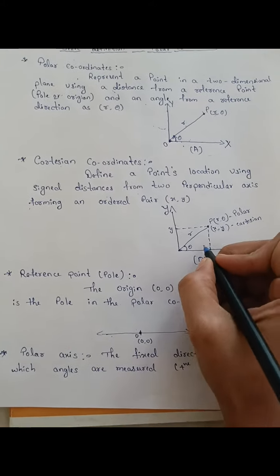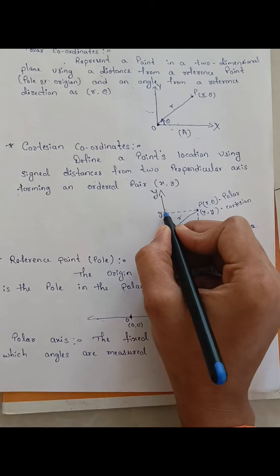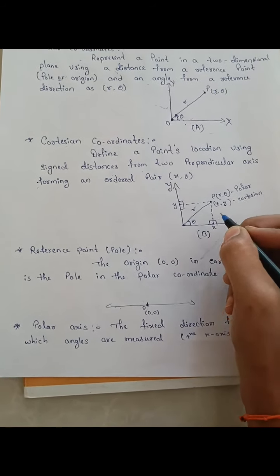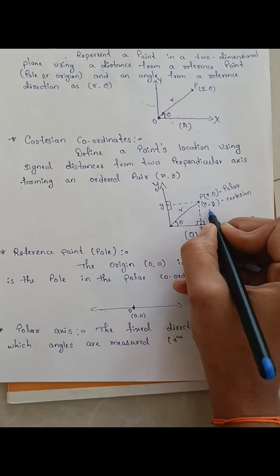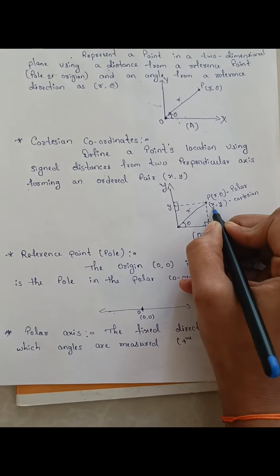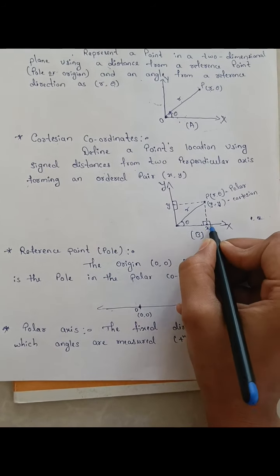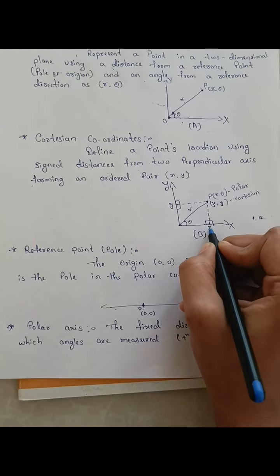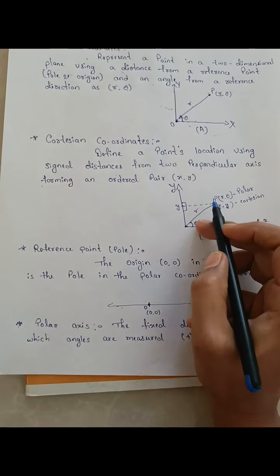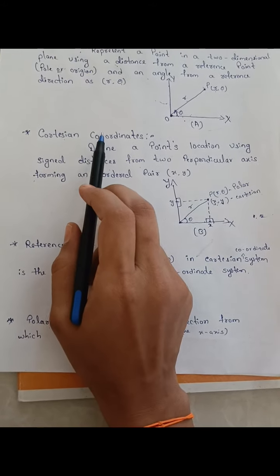The two perpendicular axes form an ordered pair x and y. x is the point from the x-axis and y is the point from the y-axis. So this ordered pair is called a Cartesian coordinate.